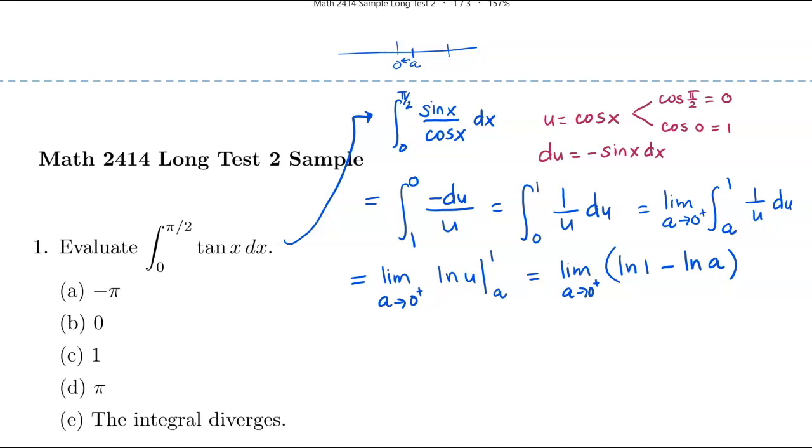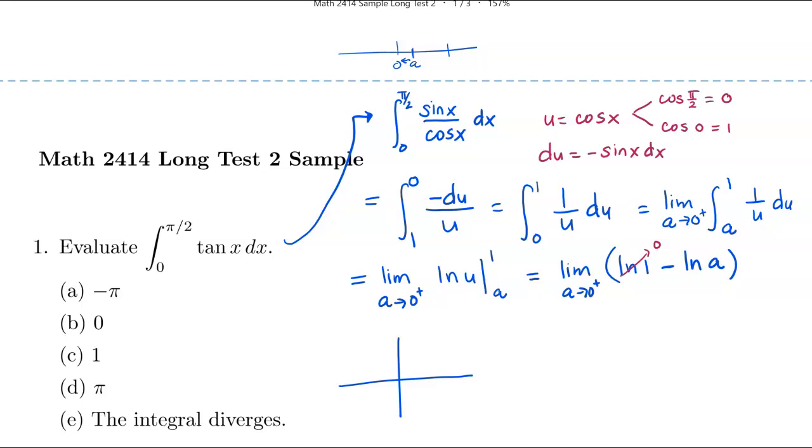So know that ln of 1 is just equal to 0. So that means that we only have the negative ln a, and then we take the limit as a approaches 0 from the right.